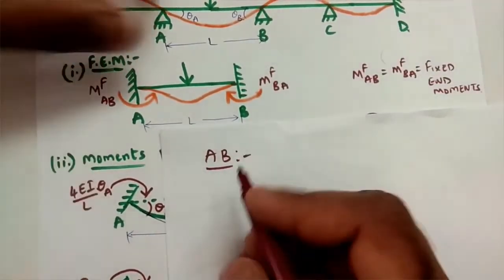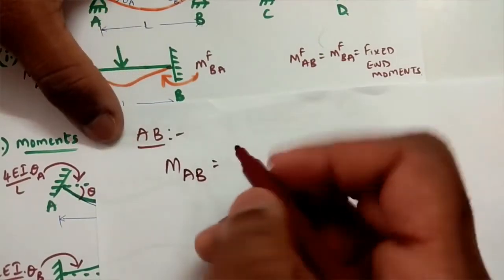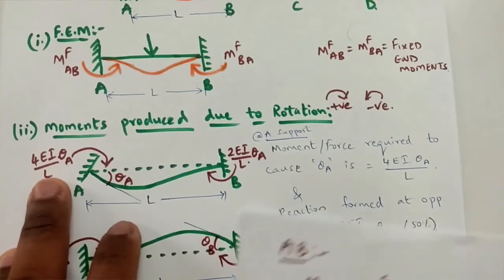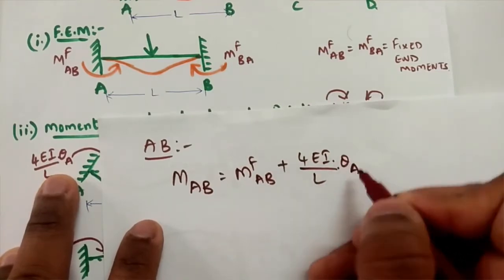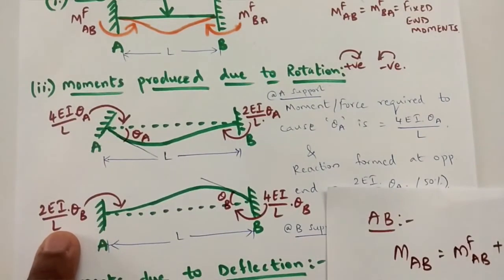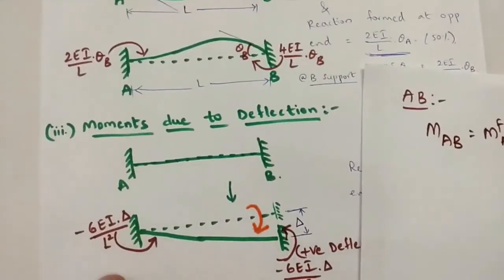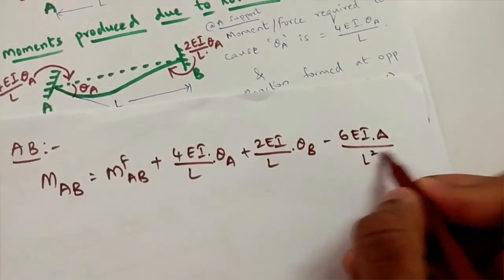So first fixed end moments, I am writing moments MAB equals fixed end moment MFAB plus 4 EI by L into theta A, then again due to rotation at B, plus 2 EI by L into theta B, next we have deflection at this support A, minus 6 EI by L square into delta, minus 6 EI delta by L square.